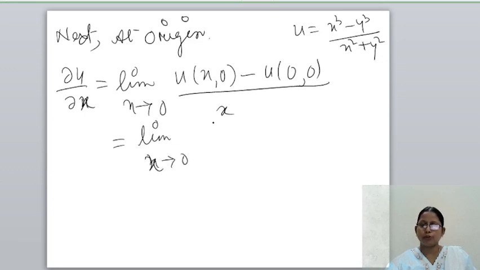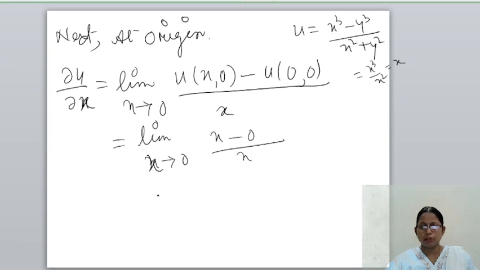If I put u(x, 0), the y terms will be 0, and this will be x cube by x square, so this is x. That means x minus 0, and this is the limit x tends to 0 of x by x, which is 1.